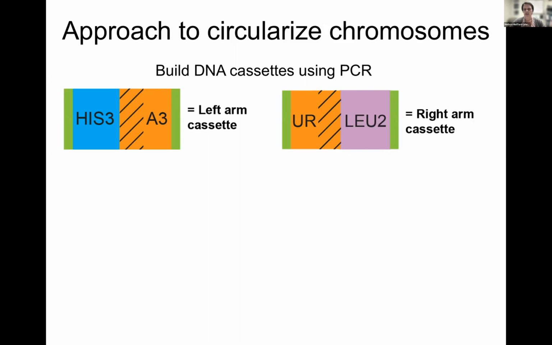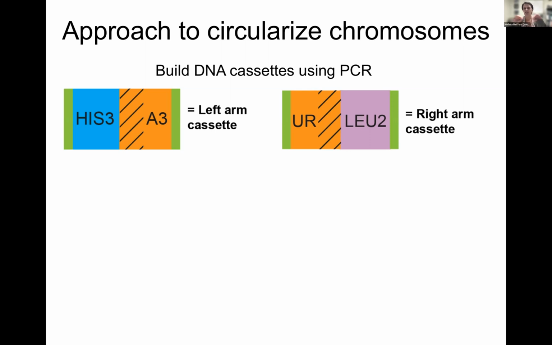The other important thing that they contain is half of a third selectable marker gene. This is a gene called URA3. So we put the 5' half of the gene into the right arm cassette and the 3' end of the gene into the left arm cassette.